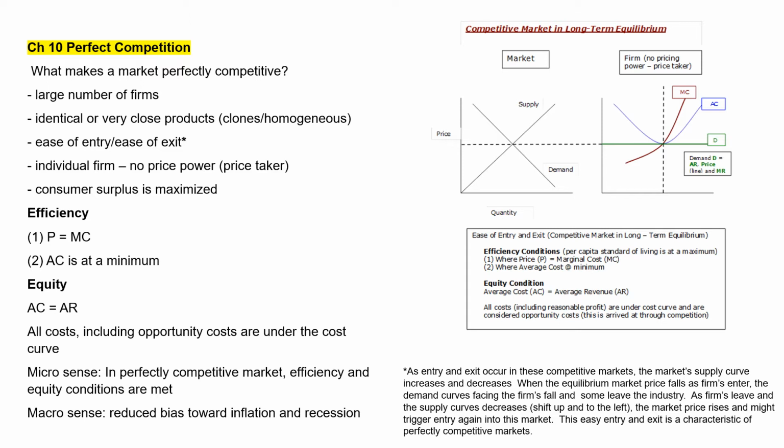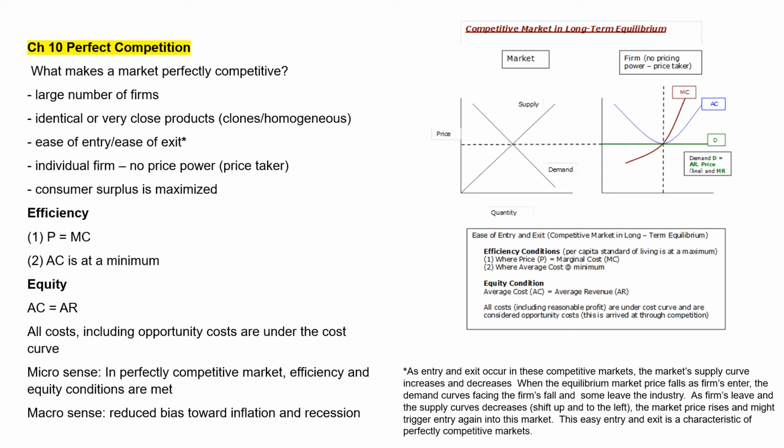You're talking about the price point where marginal cost crosses through the horizontal demand curve, and where average cost is at a minimum. Average cost is at the very bottom, right? That's where marginal cost cuts up through it. All three of those points are needed to meet that efficiency. Again, lowest possible price, maximum number of goods and services at the lowest possible price.